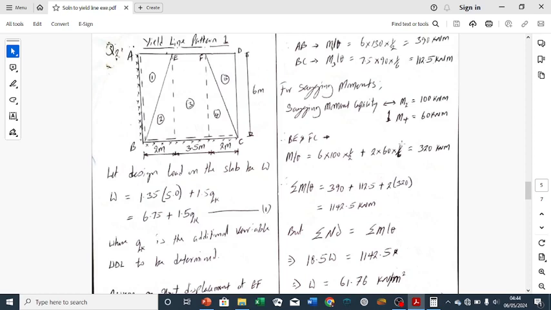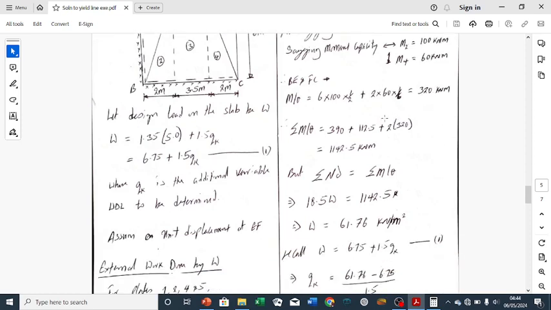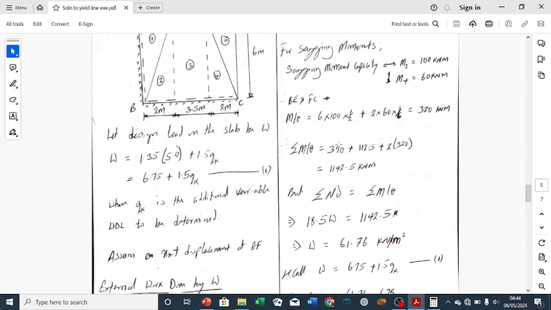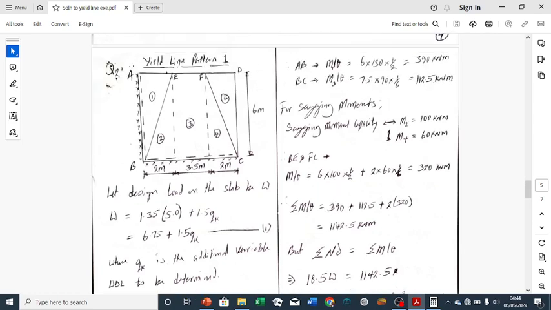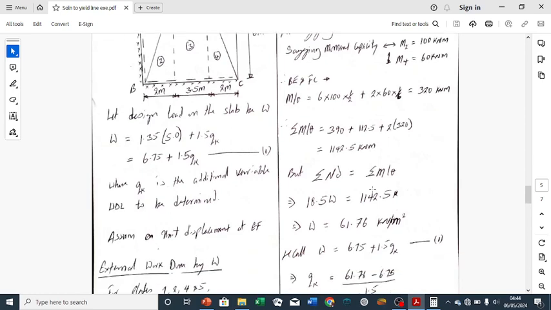That is why our theta is 1 over 6. So when we calculate that, we have 320 kilonewton meter. From there we can go ahead and calculate our summation M L theta: this is for hogging moment AB, this is for hogging moment BC, and this is 2 times the sagging moment BE and FC. So that gives us the sum of internal energy.